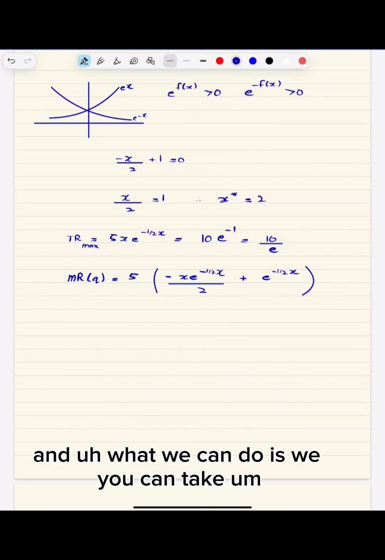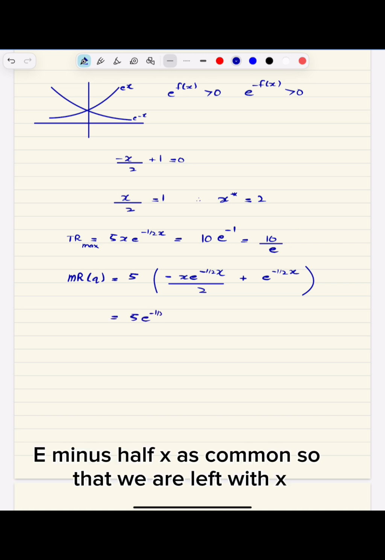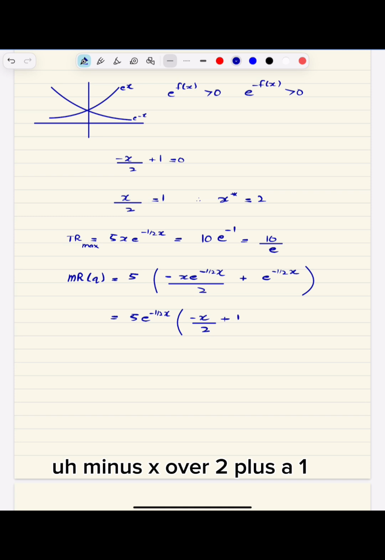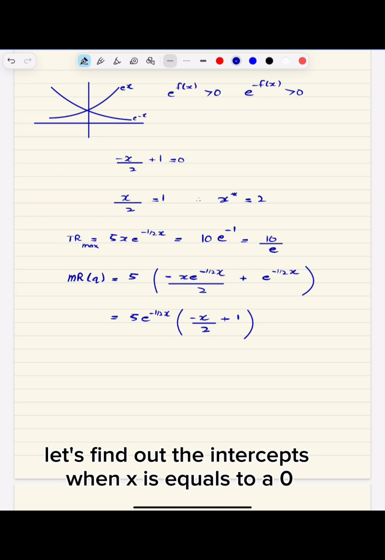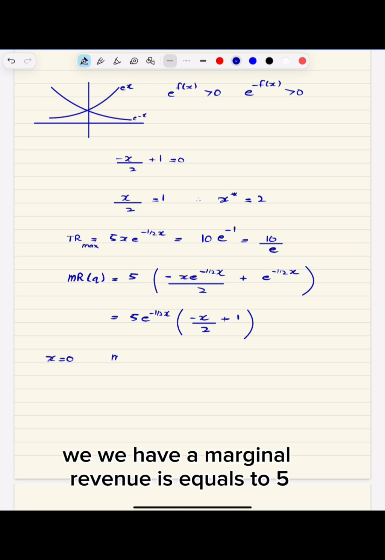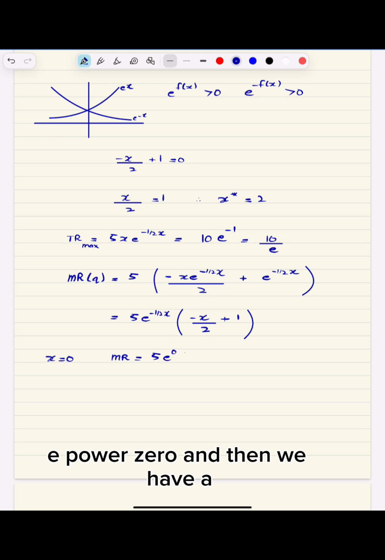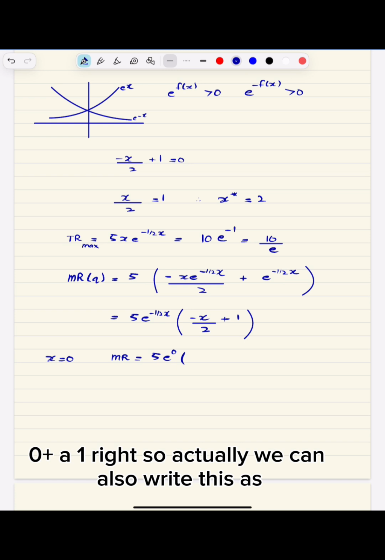And what we can do is take e to the minus half x as common, so that we are left with 5 minus x over 2 plus 1. Let's find out the intercepts. When x is equal to 0, the marginal revenue is equal to 5 e to the power 0, and then we have 0 plus 1, right?